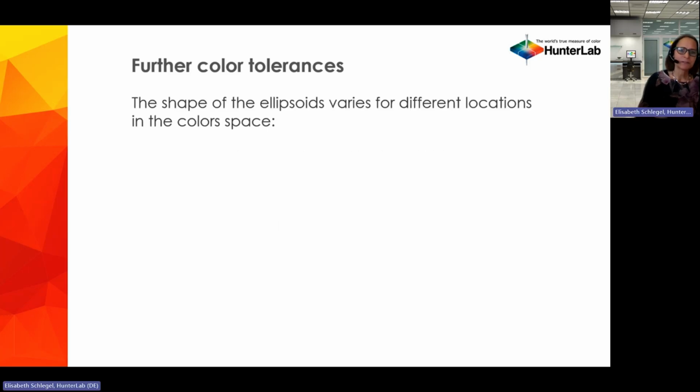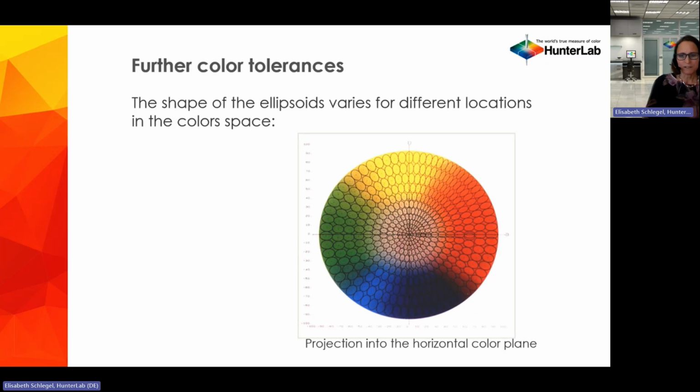And just to show that again a little bit more precisely, how the shape of the ellipses varies for different locations in the color space, we have here the projection to the horizontal color plane. So you can see red, yellow, green, blue here. And you see the shapes of the ellipsoids. They're not only different from the center to the outer part, but they are also different for different hues.